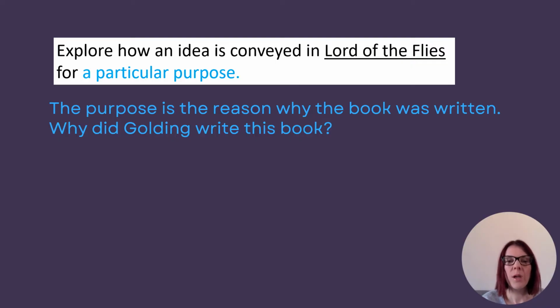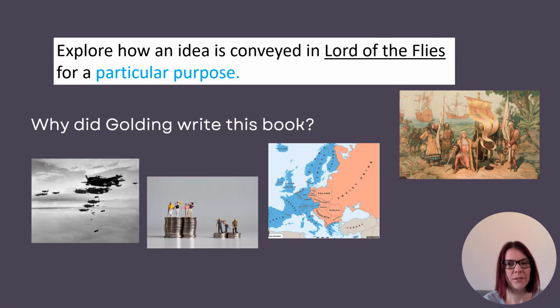So, we can't go back in time and ask Golding why he wrote this book, but what we can do is consider his context and the context of the world in which he was writing, so the context of production. And what do we know about the context of production? Well, we know that Golding fought in World War II and was deeply affected by his experiences during this time. We know he was writing at a time of great inequality, where the rich were very, very rich and the poor were very poor.